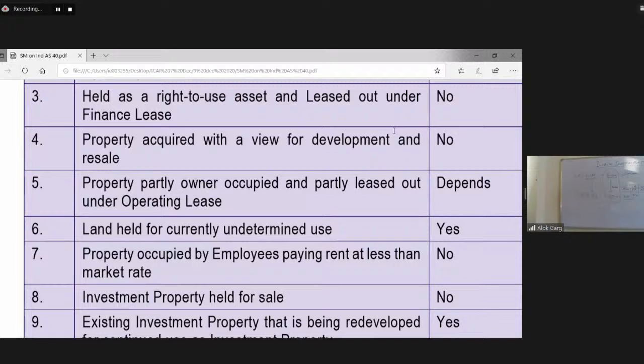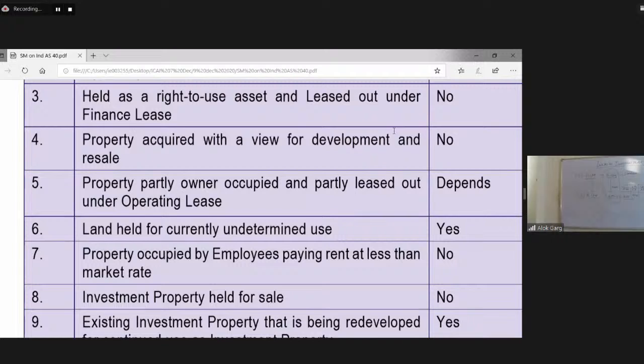Why are they providing the flats to the employees? Just to have a smooth business, so that the people will come. For example, these PSU sites are located in remote areas. Okay, so that is why they have developed a society for the purpose of their employees. So as per the standard, it is shown as IndAS 16 property, plant and equipment.